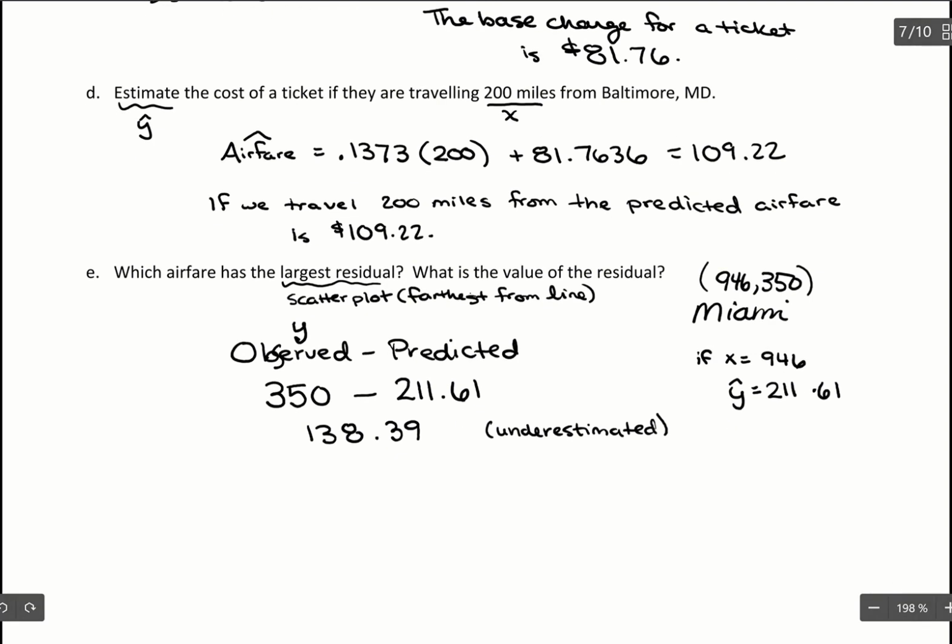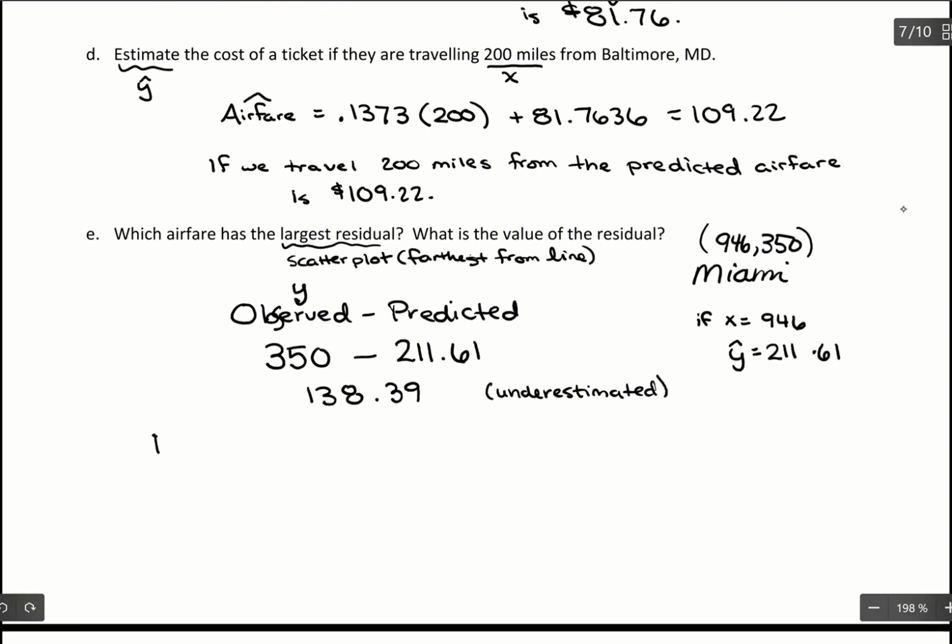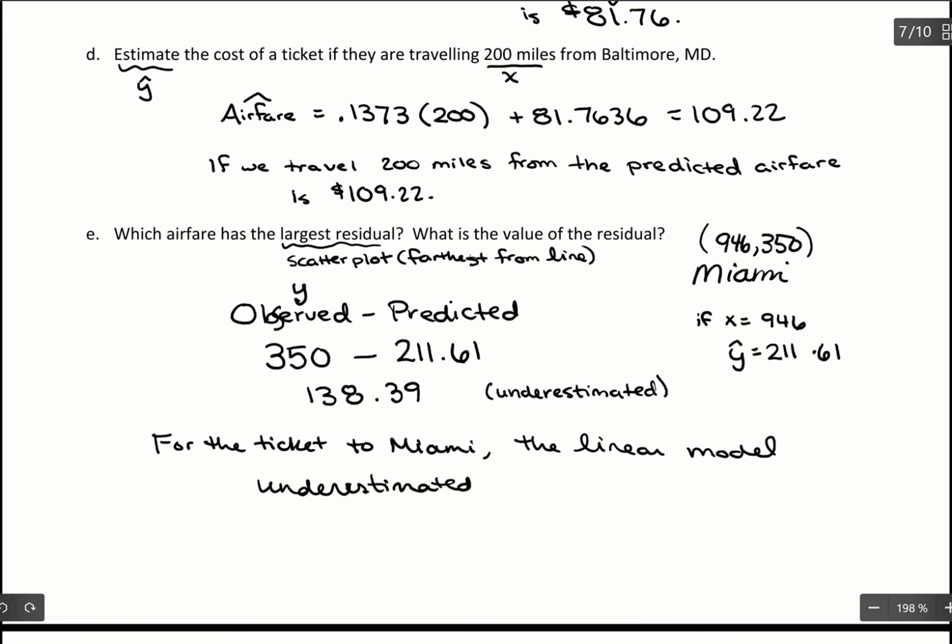So for this residual, for the ticket to Miami, the linear model underestimated by $138.39. So that's how we would interpret our residual once we calculated it.